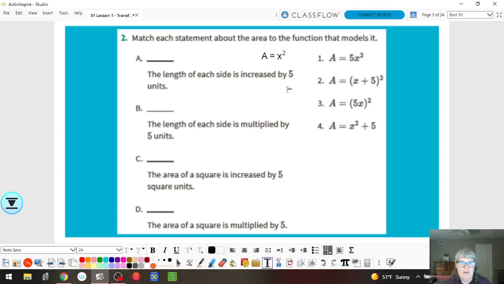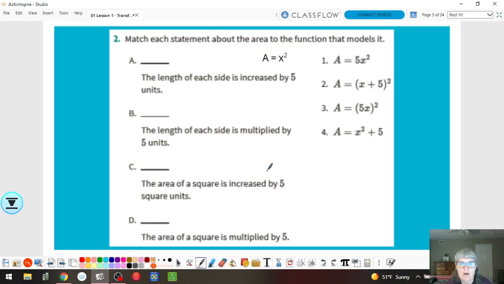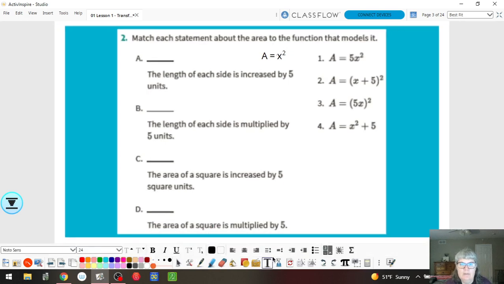So when we have the length of each side is increased by 5 units, remember that x in the x squared is a side length. So if we are increasing a side by 5 units, that means we're increasing the x by 5 units. So if we look at these equations, the first one is 5 times x squared.